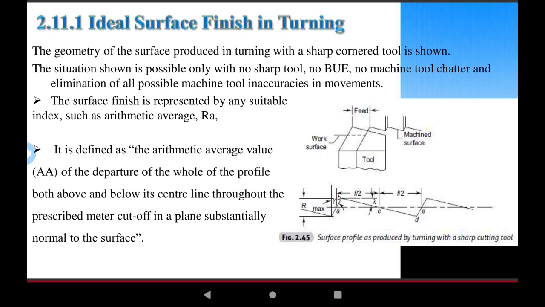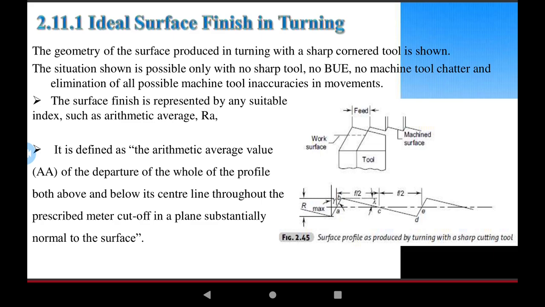This is possible only with sharp tools, and the surface finish of the material is expressed by the average roughness, Ra.